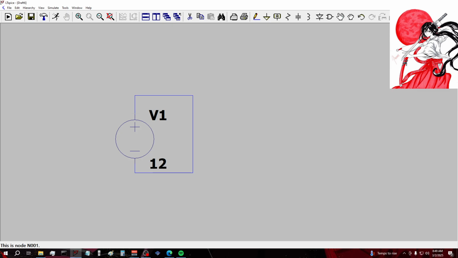So, there's two types of ways for electricity to flow. The standard way, which is taught in most schools, is that the current, or the electricity, flows from the positive terminal to the negative terminal. That's conventionally taught in schools, and it's called conventional current.